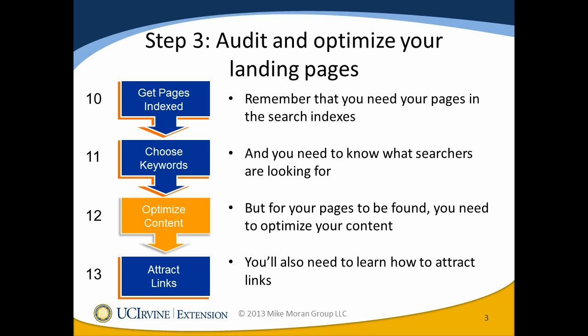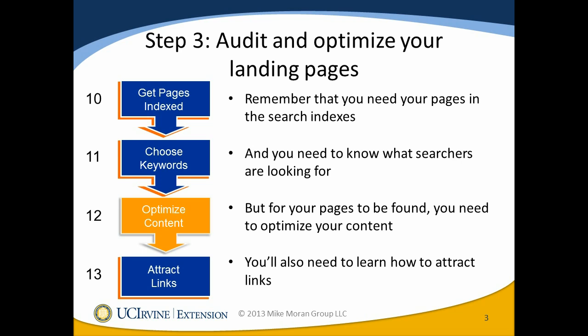In Chapter 11, we looked at how you use keywords. So how do you know which things people are typing in where you'd want your pages to come up? If we skip ahead to Chapter 13, that'll be about how you attract links to your site. But for this lecture, we're going to focus on Chapter 12, on optimizing content.